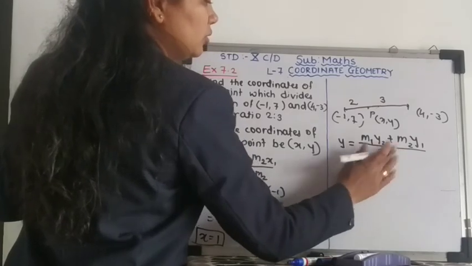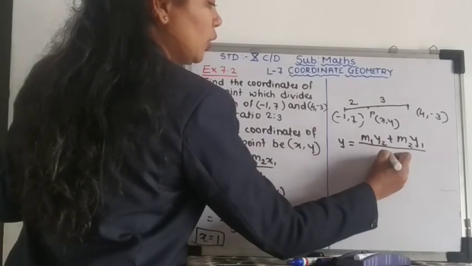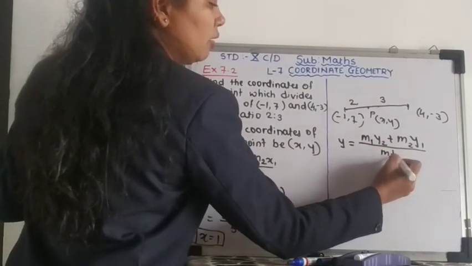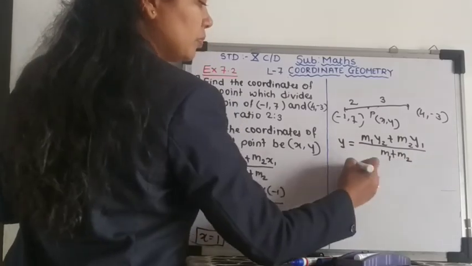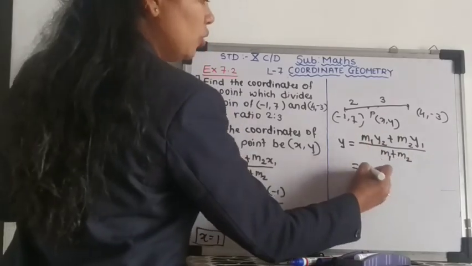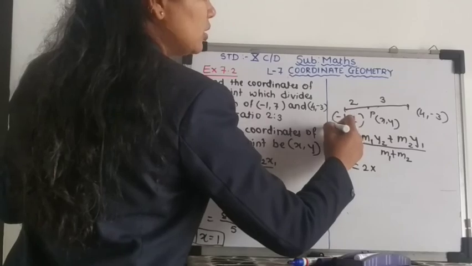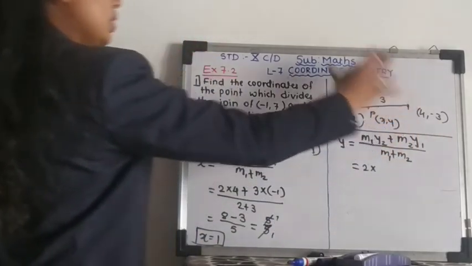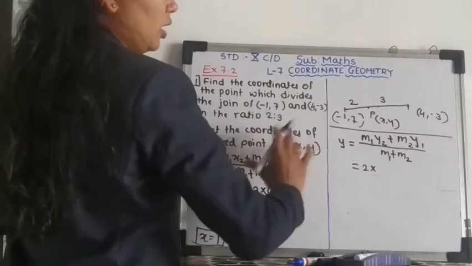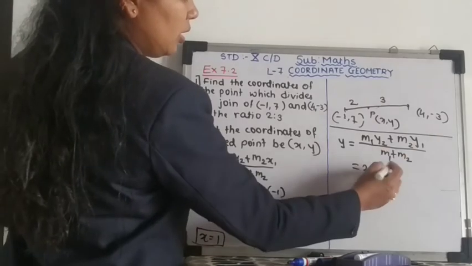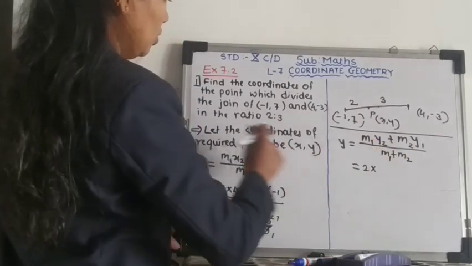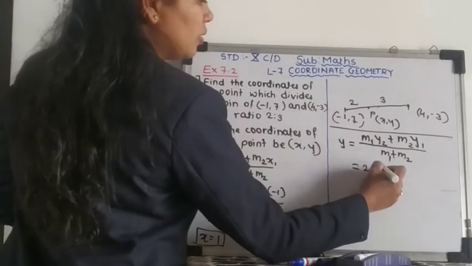So here m1 y2 plus m2 y1, divided by m1 plus m2. So m1 is 2 into y2. Don't write this part, it is rough work, for your convenience I have shown y2. Now what is y2?